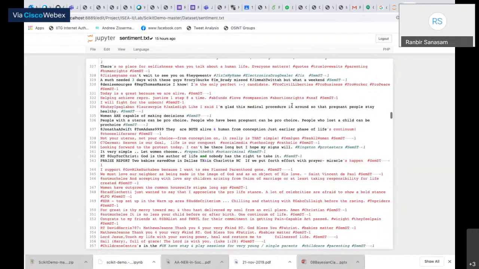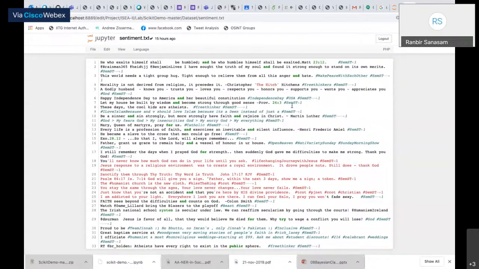Likewise, if you're doing sentence level classification, you'll have a collection of sentences, and each sentence will have one class label. In this example I have a collection of tweets, and each tweet has a sentiment label, either 1 or 0. 1 means positive, 0 means negative.